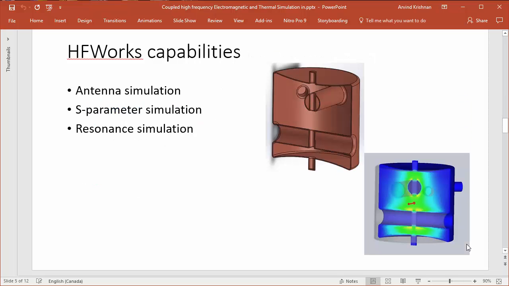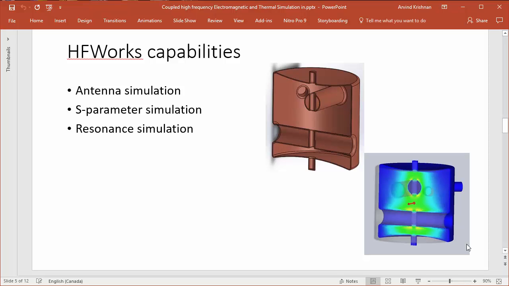Now let us look at HFWorks capabilities briefly. HFWorks as a product can do 3 broad types of simulation. First is the antenna simulation. As the name suggests, HFWorks will be able to simulate the performance of antennas, be it printed antennas, horn antennas, etc. The next one is a generic parameter simulation that is used to study the performance of filters, couplers, etc. or any passive RF and microwave device.